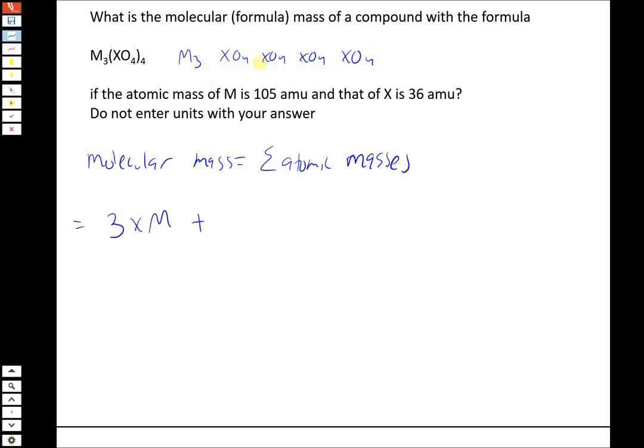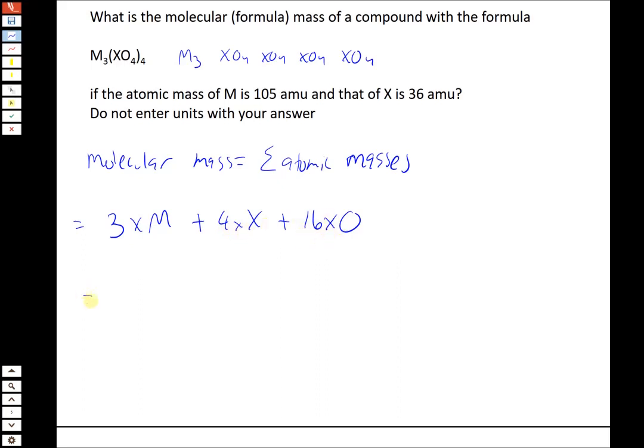So that means a total of 4 X's, so we need 4 times the atomic mass of X. And then the other one we have is oxygen. Each XO4 has 4 oxygens, and there's 4 of them in total. So a total of 16 times the mass of oxygen. Those are going to be the numbers we add up: 3 times the atomic mass of metal, 4 times the atomic mass of X, which is given, and 16 times oxygen, which we have to look up.